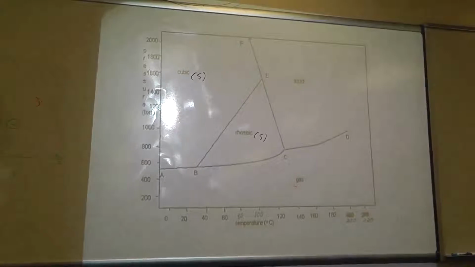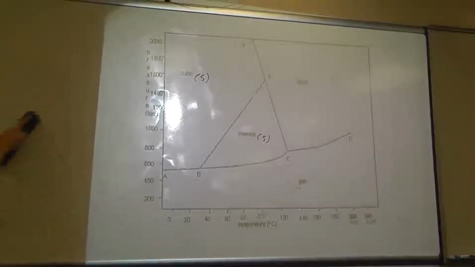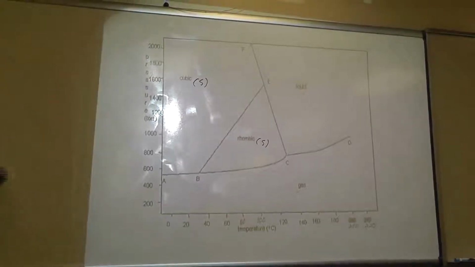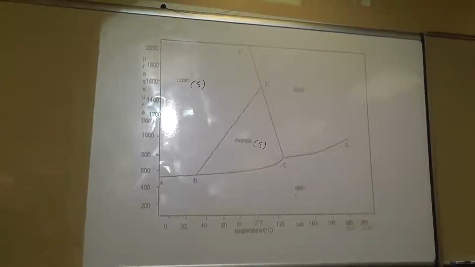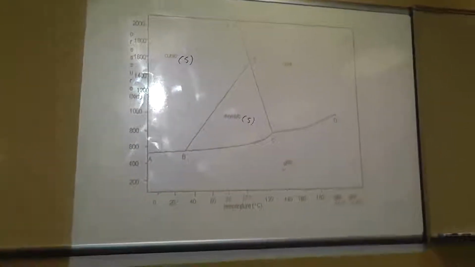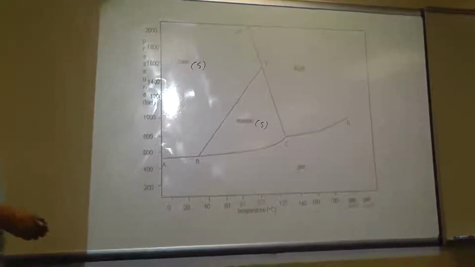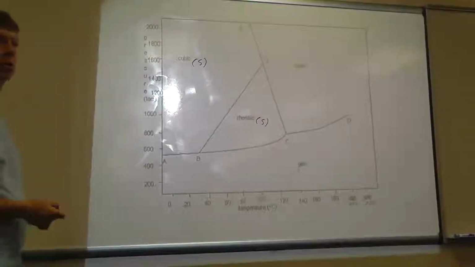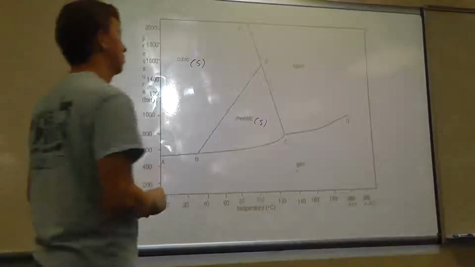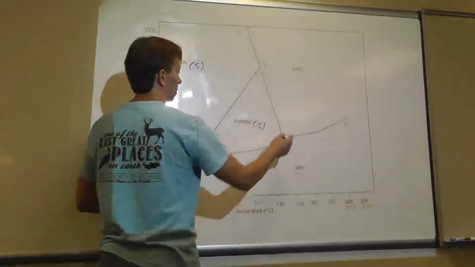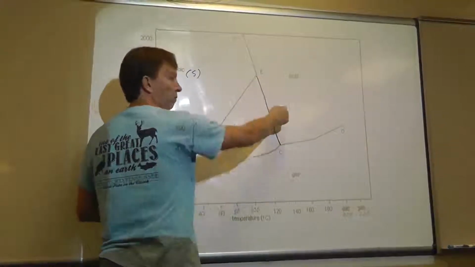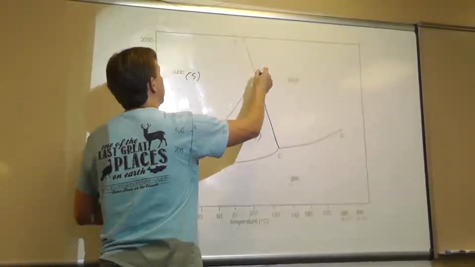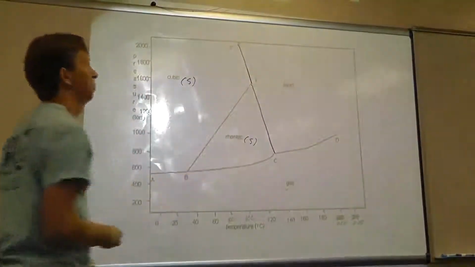Which boundary or boundaries represent melting? What's the definition of melting? Turning what into what? Solid into liquid. So C to E is melting of the rhombic form, correct? And from E to F would be melting for the cubic form.